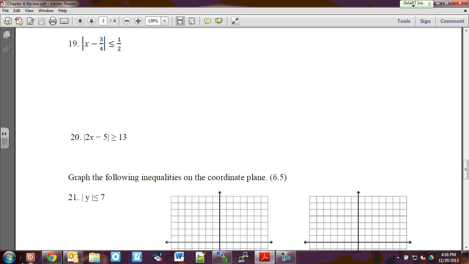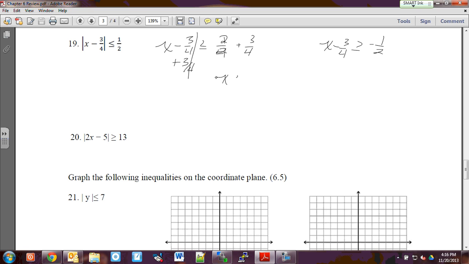Number 19. Again, x minus 3/4 is less than or equal to 1/2. X minus 3/4 is greater than or equal to negative 1/2. So add 3/4, add 3/4. You're going to have to multiply this by 2 over 2, so this is going to be 2 fourths.